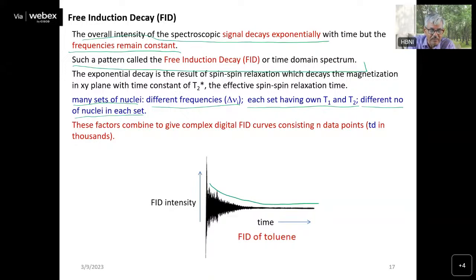All these things, if you combine, will give a complex digital FID curve consisting of N data points. N data points is the TD. So it depends on for how long you are acquiring the data and what your dwell time is. And again, dwell time also depends on your spectral window.